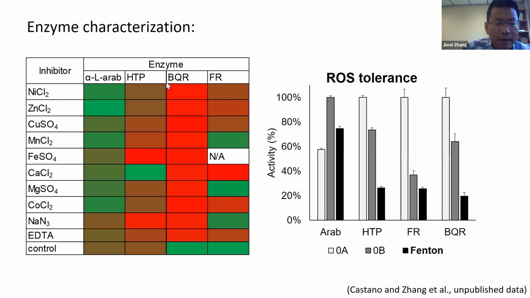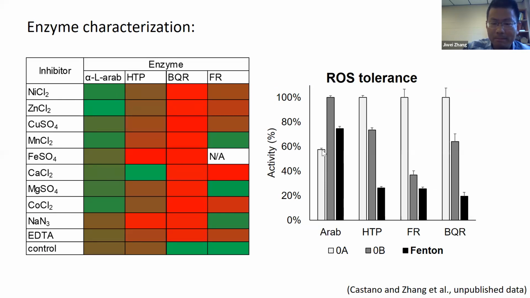It does not perform well under inhibitor conditions, but most importantly, this hydrolase can resist ROS damage.